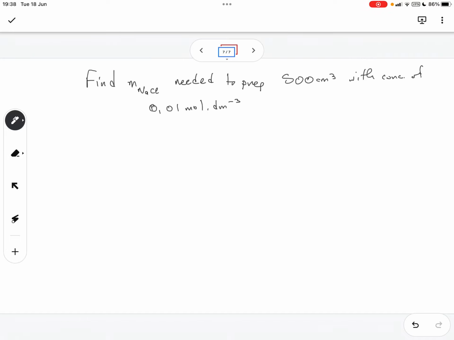All right, let me put it like this. The conversion factor for cubic decimeters to cubic centimeters.